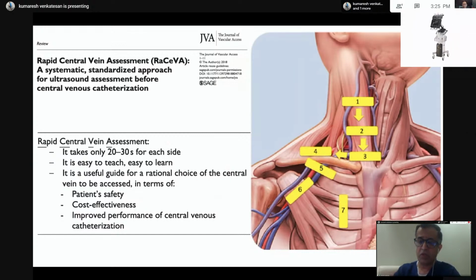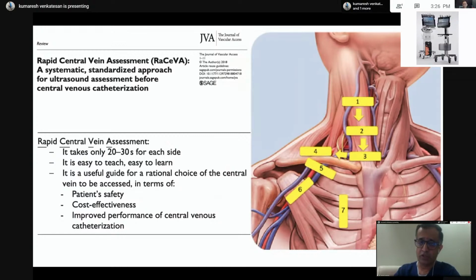You start with the middle of the neck, go down the neck, and then look at just above the clavicle near the suprasternal notch, and then look up in the supraclavicular area, and then the infraclavicular area.